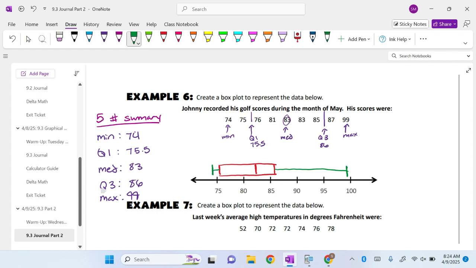So you guys got it? So guys, go ahead and make your box plot once you get the 5-number summary. Luckily for us, this was already in numerical order, so we didn't have to do that.